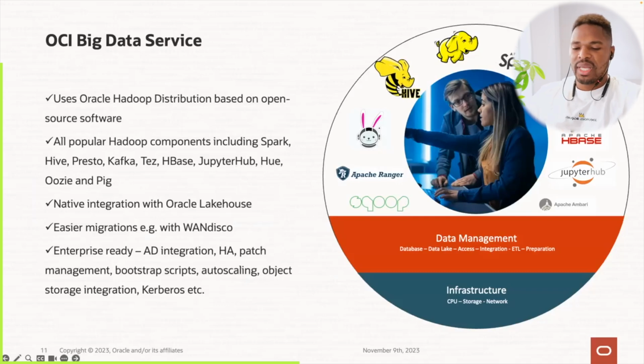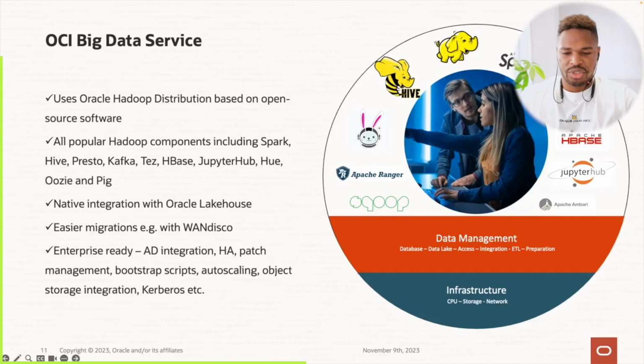It also comes with auto-scaling features, so you can have vertical auto-scaling as well as horizontal scaling. It has an integration with OCI Object Storage. I will provide some more details about the object storage later on. And it also has an integration with Kerberos for the security features.